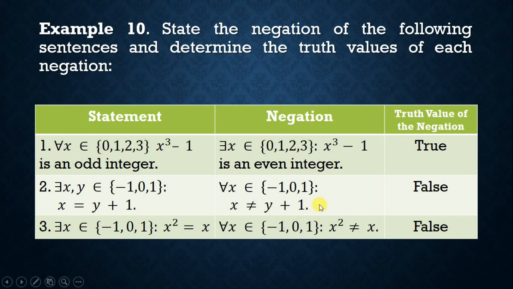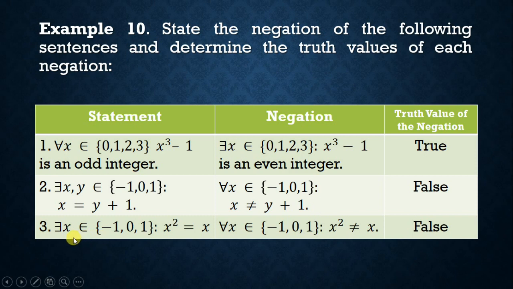To determine the truth value of the negation, we substitute the given values of x and y in the expression x not equal to y plus 1. All values of x and y in this set must satisfy the condition x not equal to y plus 1. Observe that when x equals 1 and y equals 0, it is false, and this condition is not satisfied. Therefore, the truth value of the negation is false.